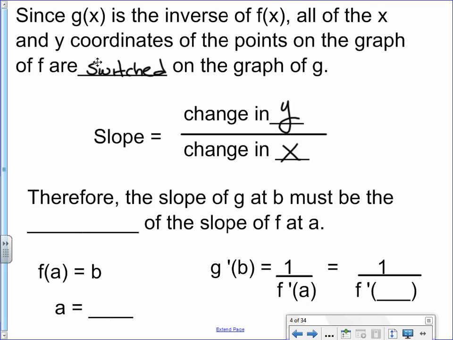Do you think these slopes have any relationship to each other? These are the two clues I'm giving you here. To get the inverse, you've switched all the x's and y's. And we also know the slope is change of y over change of x. So if you switch the x's and y's, how are these slopes related?